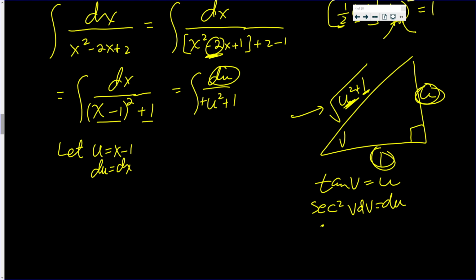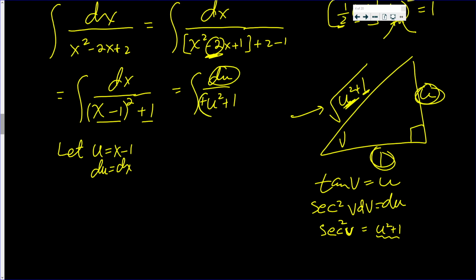Well, let's see. The secant of V, that is the square root of u squared plus 1. But if I square this, I don't need the square root sign. And when I square that, I do need to say that it's squared.